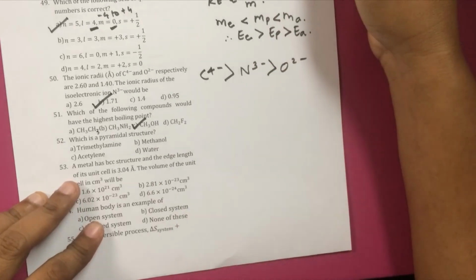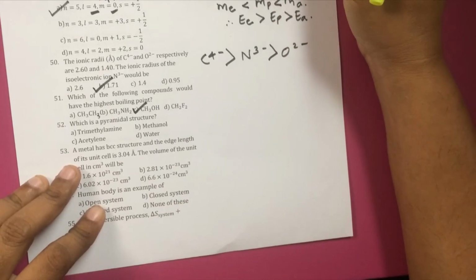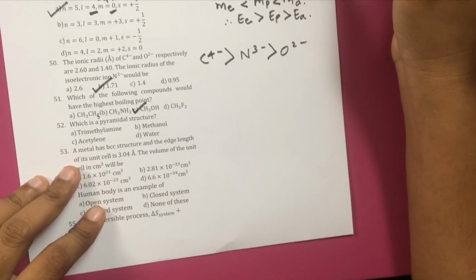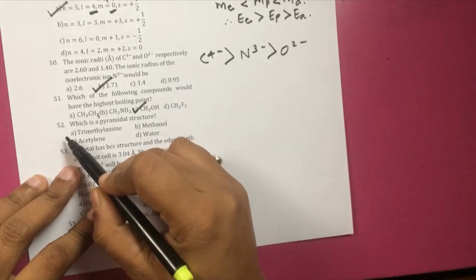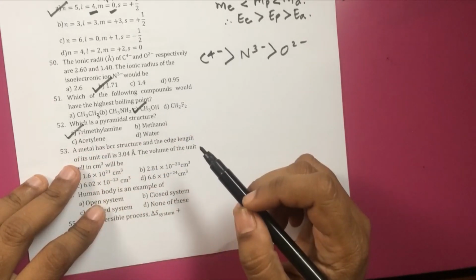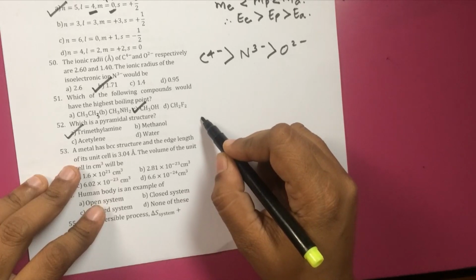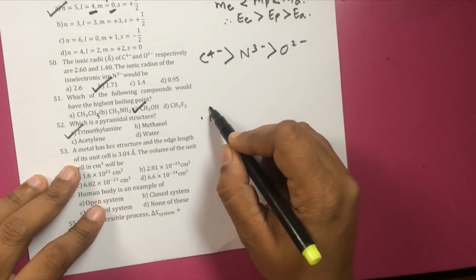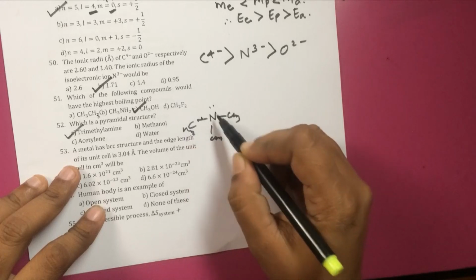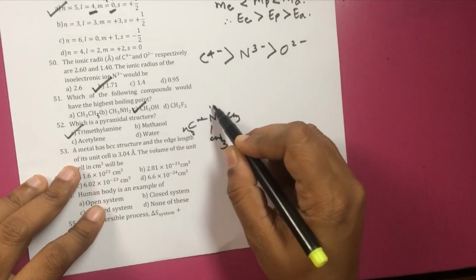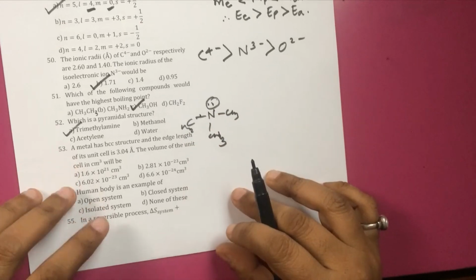So that has the highest boiling point. Which of the following is pyramidal in shape? Trimethylamine, methanol, acetylene, and water. Trimethylamine will have the pyramidal shape because in trimethylamine, the nitrogen bears a lone pair, and this lone pair causes a distortion in the structure, and that's why it becomes pyramidal.